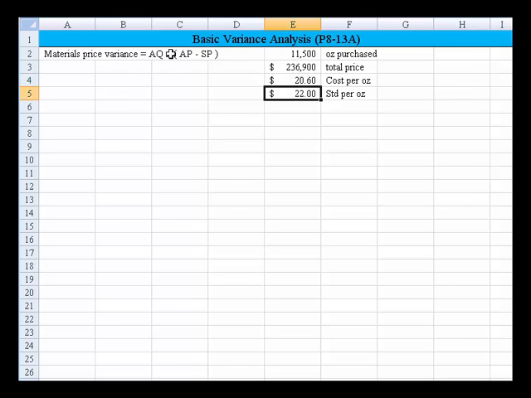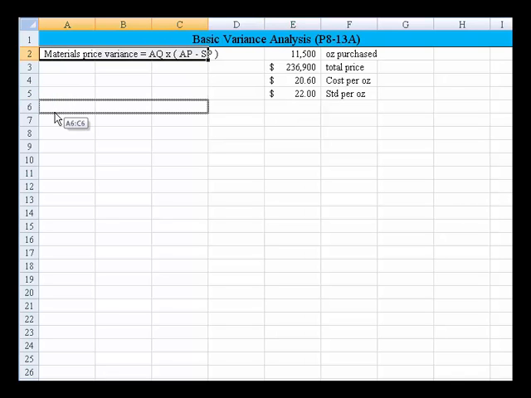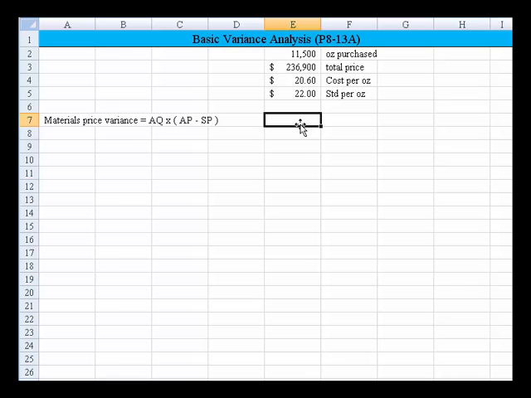All right, so now if we use that formula, let me slide this down here, and we will take the actual ounces times the actual price paid per ounce, which was $20.60, minus the standard price per ounce.